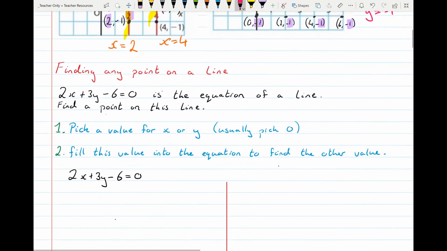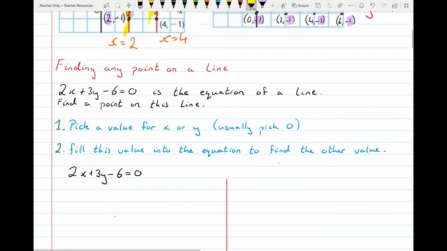We'd be more familiar looking at the equation of a line in this format, where it's some number of x plus some number of y plus or minus a constant equals 0. In this format, we call this the general form, ax plus by plus c equals 0. To find a point on that line, you first pick any value for x or y. We normally pick 0 because it makes the calculation simpler.